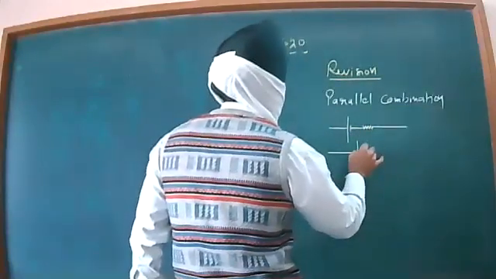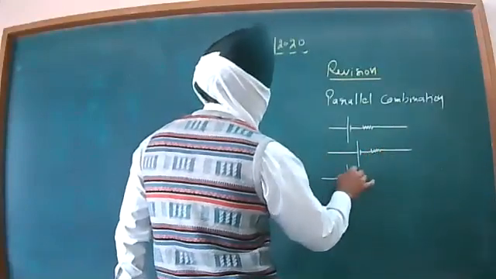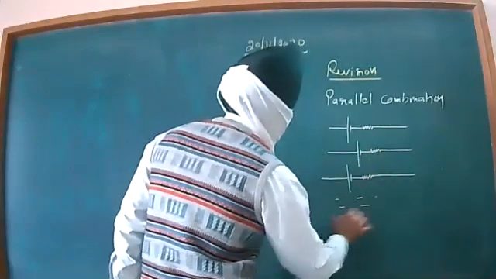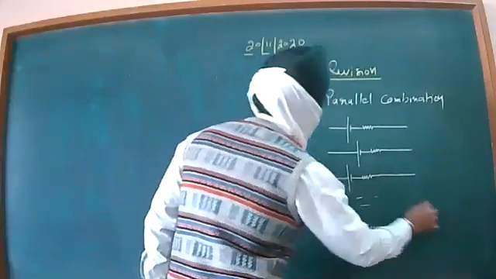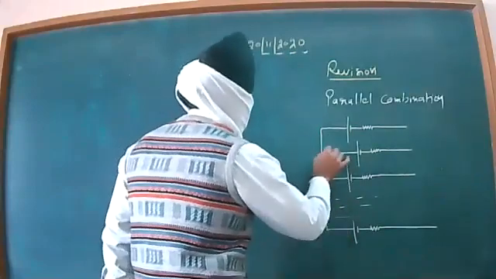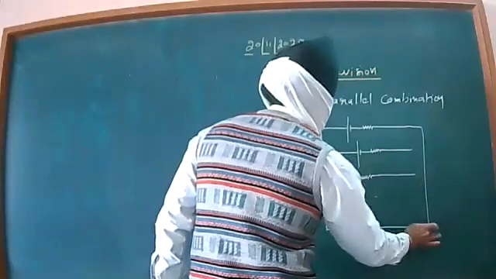Let it be the second cell. These all cells are identical. Let it be the third cell. All the cells being identical, and these all cells are connected in parallel with each other in this manner. This is the parallel arrangement of the cells.